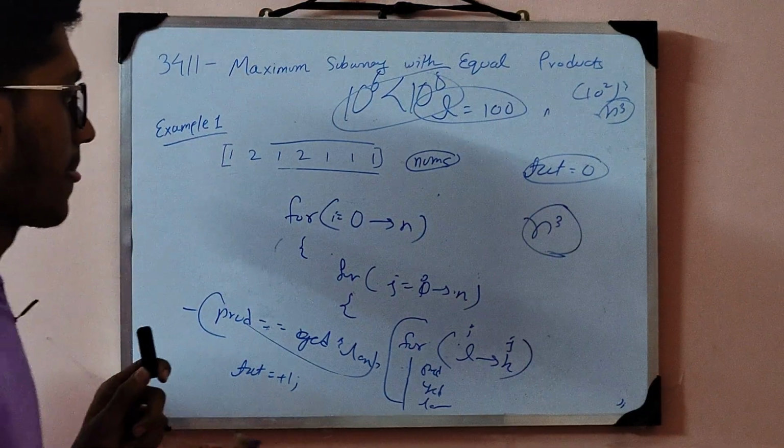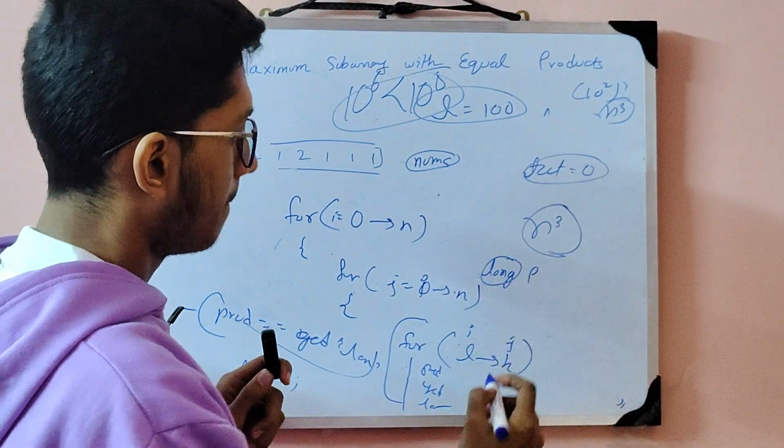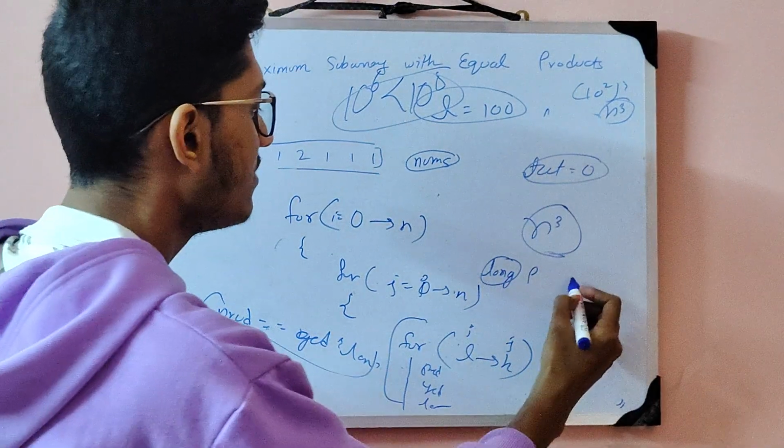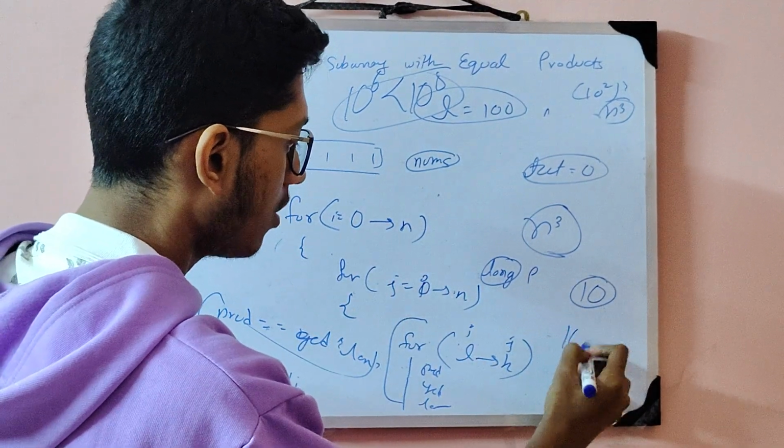And there is another error that can be detected here. The product maximum you can take as a long variable, but in the constraints it is given that the number can be a maximum of 10 and the length can be a maximum of 100.